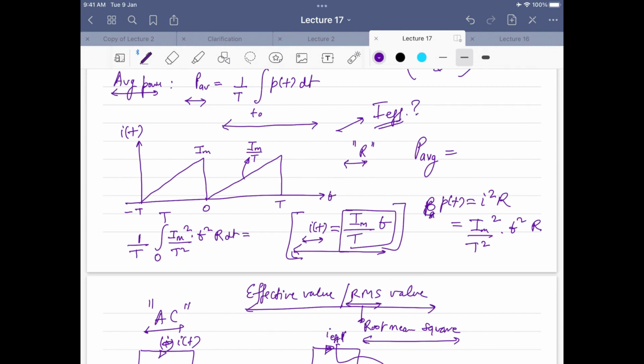No, it's not Im by root 2. Please note that it's not a sinusoidal signal. Im by 2? Im by 3? No, it's not Im by 3. Im by root 3? Yes, Im by root 3. So this will be the effective value.